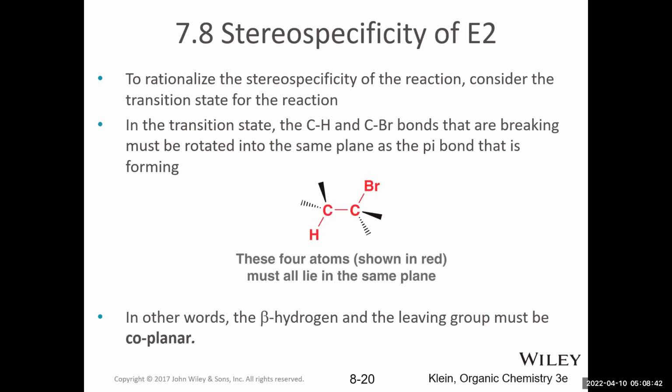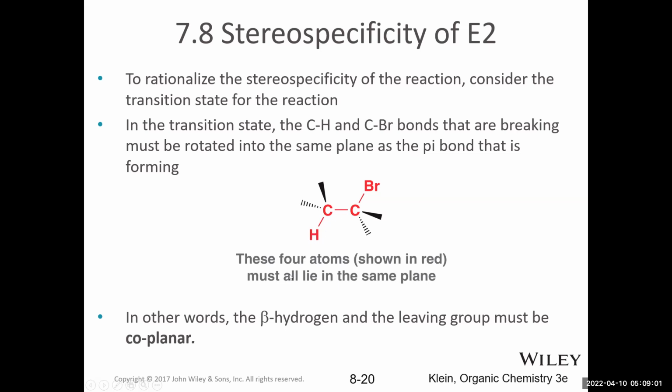So to rationalize the stereospecificity of this reaction, we need to consider the transition state for the reaction. In the transition state, the base is coming to take the proton attached to the beta carbon. There's a pi bond that's starting to form.